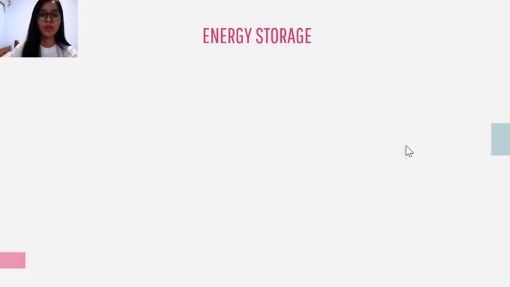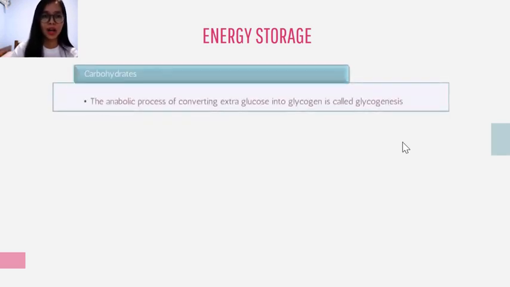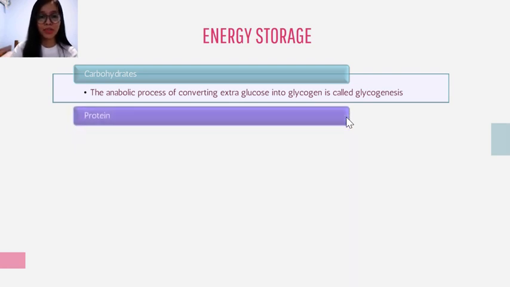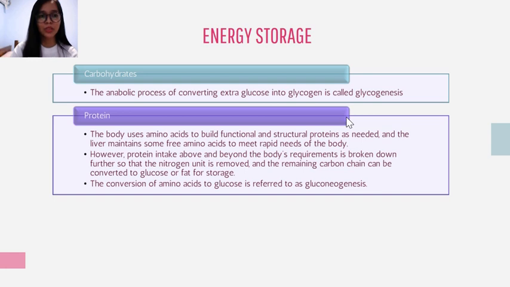For your carbohydrates, the anabolic process of converting extra glucose into glycogen is called glycogenesis. And for your protein, the body uses amino acids to build functional and structural proteins as needed, and the liver maintains some free amino acids to meet rapid needs of the body.